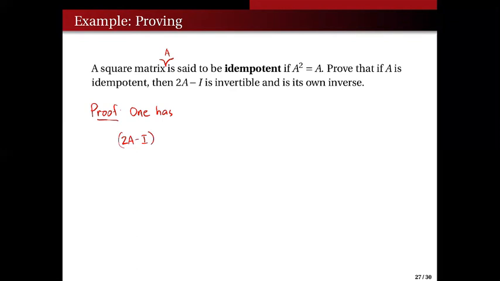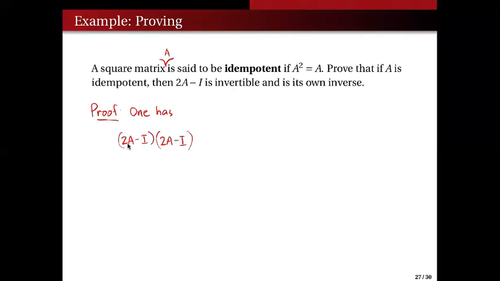Because that's the condition: A and B are inverses if AB equals I or BA equals I. So if I multiply this 2A minus I with itself, I should get the identity matrix. So maybe let's look at that.